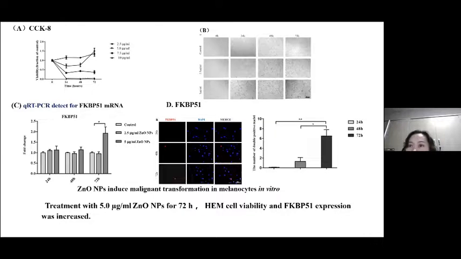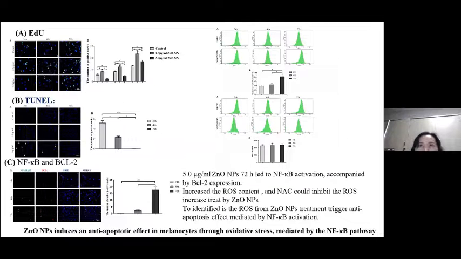Treatment with 5 microgram per ml zinc oxide nanoparticles for 72 hours increased the cell viability and FKBP51 expression. And we can see the cell proliferation was increased in this condition, but the cell apoptosis decreased in the same condition.